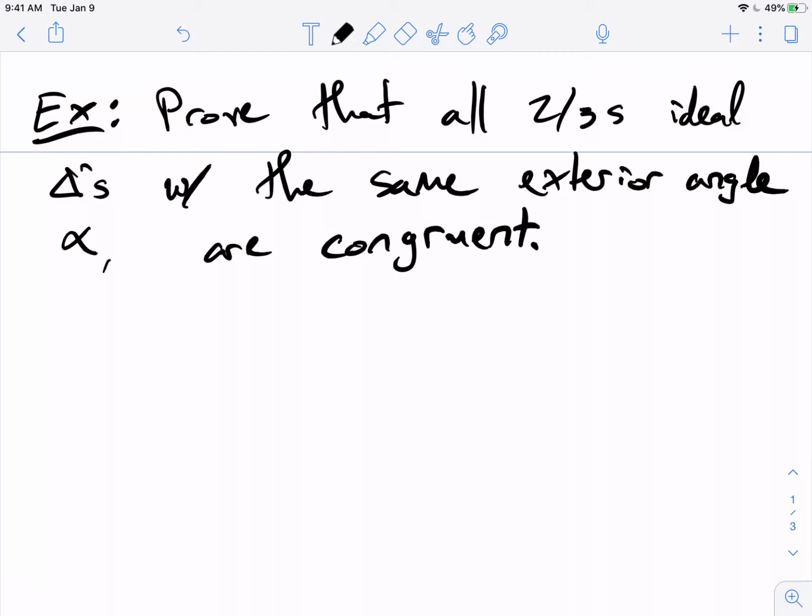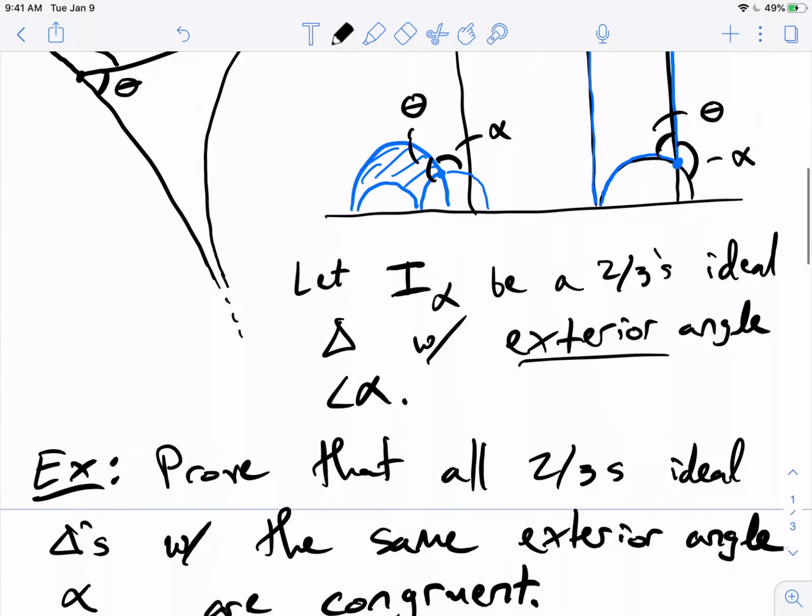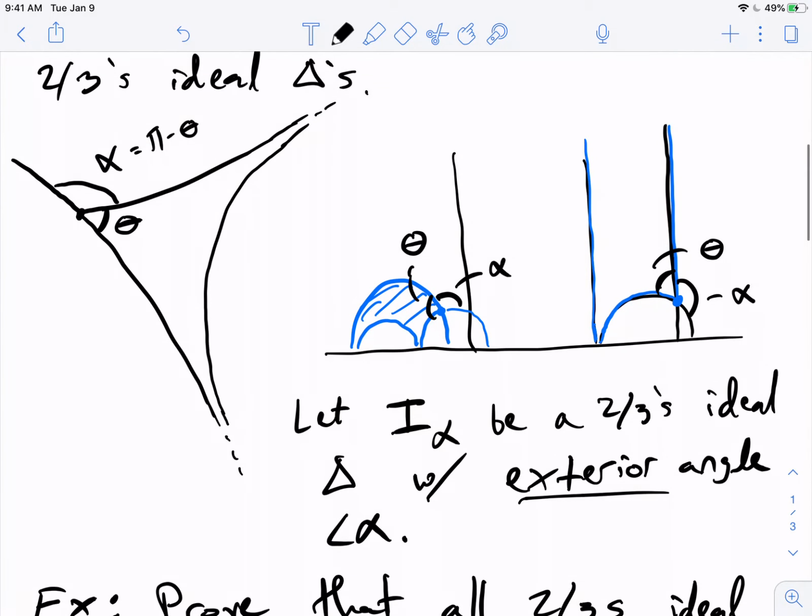So this is similar to the fact that all ideal triangles are congruent. Similarly, if you have two different two-thirds ideal triangles, like these two, if their angles at the vertices are the same, then they're congruent. So if the exterior angles are the same, then they're congruent, and this can be proven using what you know about the isometries of hyperbolic space via our upper half plane model.